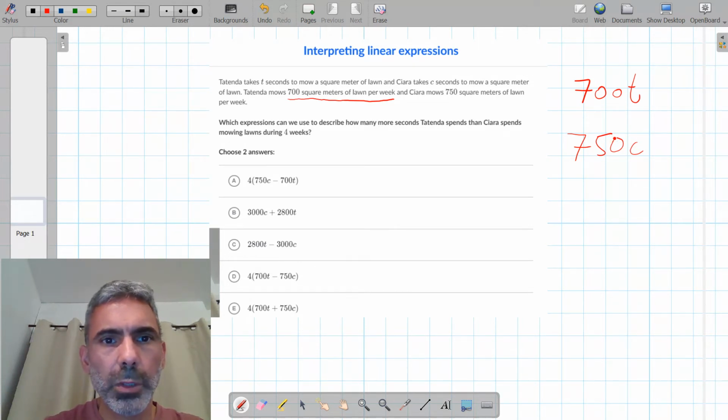Okay, which expressions can we use to describe how many more seconds Tatenda spends than Ciara spends mowing lawns during 4 weeks? Okay, so the difference.